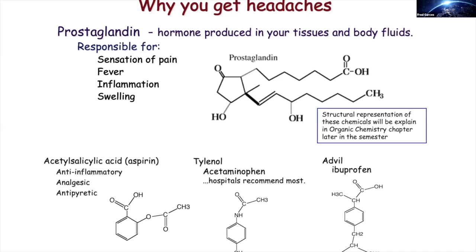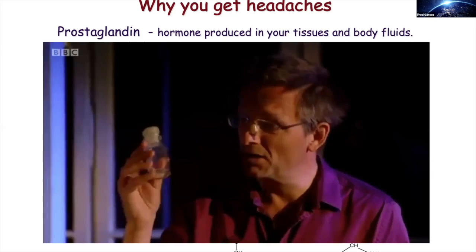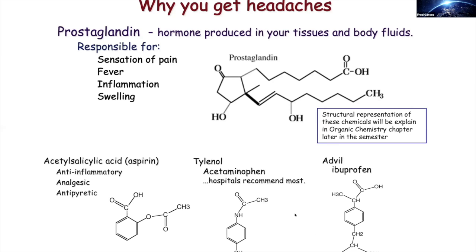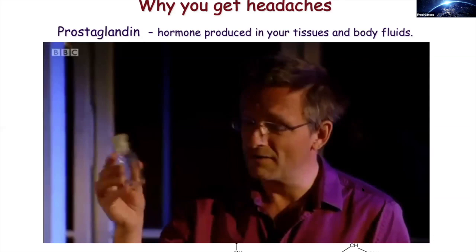What aspirin does is it goes in there and it inhibits the production of prostaglandins, and so you don't get these symptoms. And of course, there are other chemicals out there that do the same thing, like Tylenol and ibuprofen. This next movie you should watch.